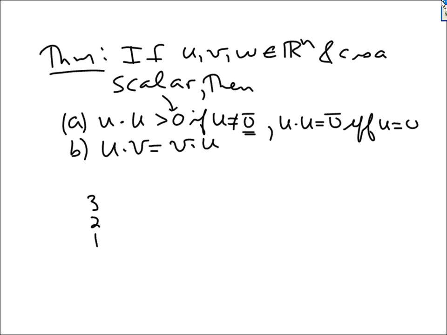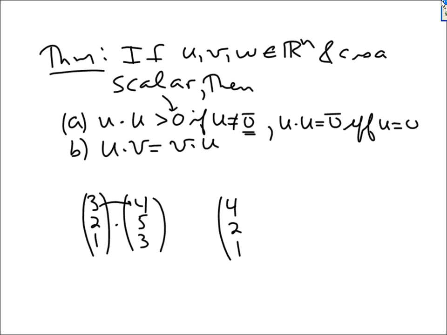If you have 3, 2, 1, and you dot it with 4, 5, 3, when you multiply those two vectors, 3 times 4 is the same as 4 times 3. 2 times 5, even if you don't know what it is, it's the same as 5 times 2.